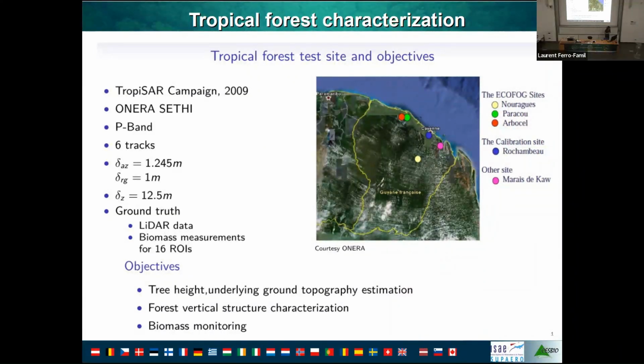And the vertical resolution was 12.5 meters, using 6 images. So now you know the ambiguous height. You can do the calculation. We have 6 images, the resolution is 12 meters, so it makes 72 meters of ambiguous height. 72 meters is much larger than the tree height you may expect over this forest, which is around 40 meters. So it was well designed.